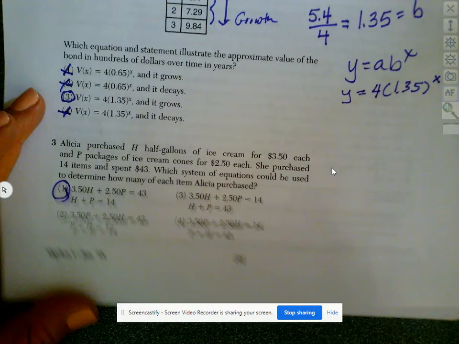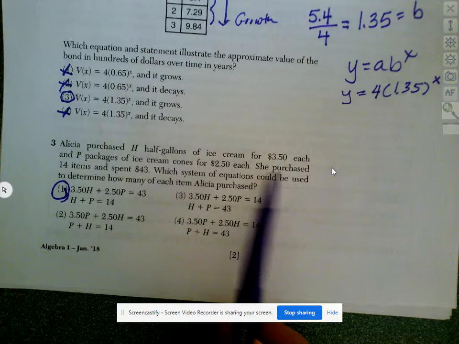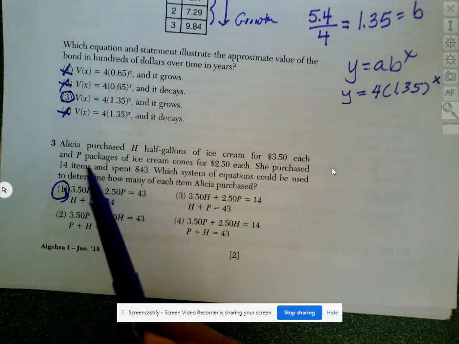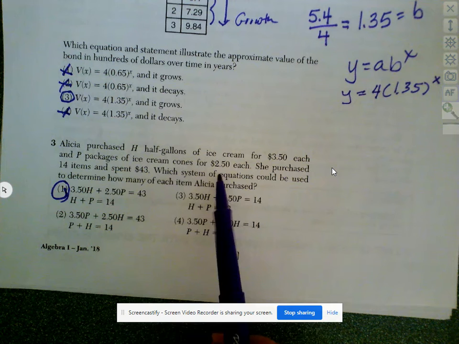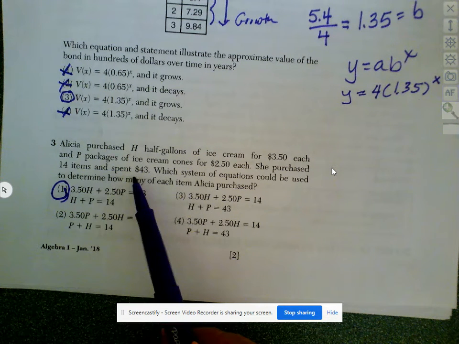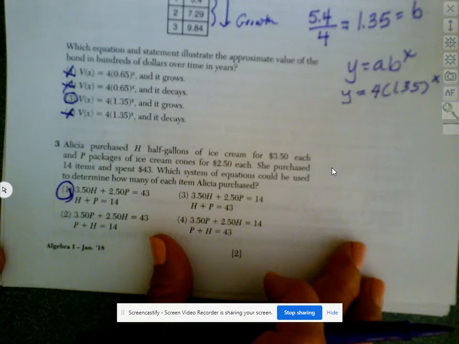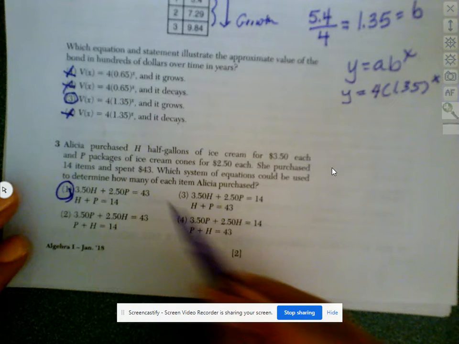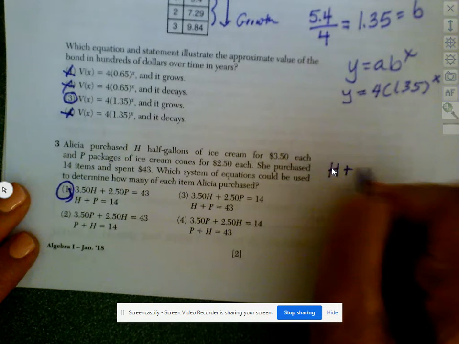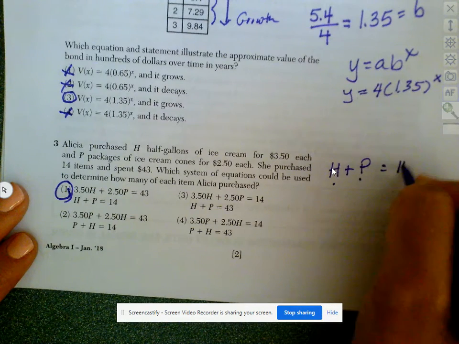For number 3, it says Alicia purchased x half gallons of ice cream for $3.50 each and p pints of ice cream for $2.50 each. She purchased 14 items and spent $43. Which system of equations could be used for this? So remember, when we're talking about money, we're going to have a total of what we're buying without money, so our half gallon and our pint, for a total of 14 items.